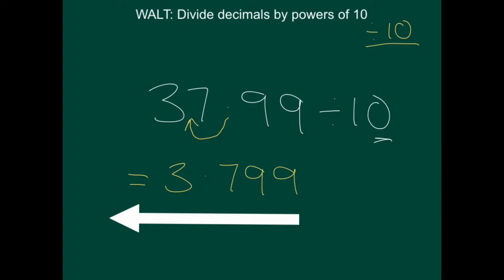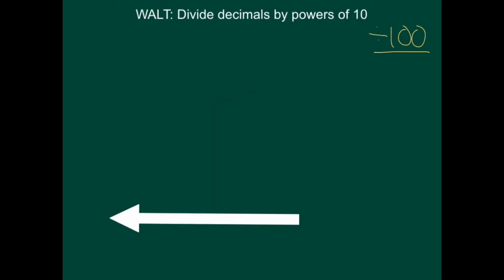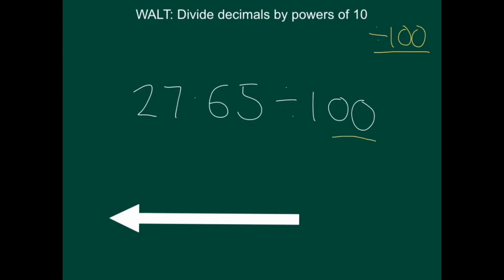Let's go on to dividing by 100. Okay, now let's look at the number 27.65 divided by 100. Now in the number 100 we've got 2 zeros, so that means we're going to move our decimal place not once but 2 times, and we're going to put it in here.